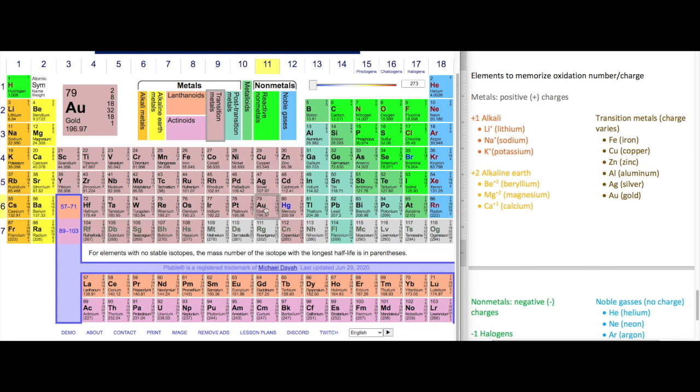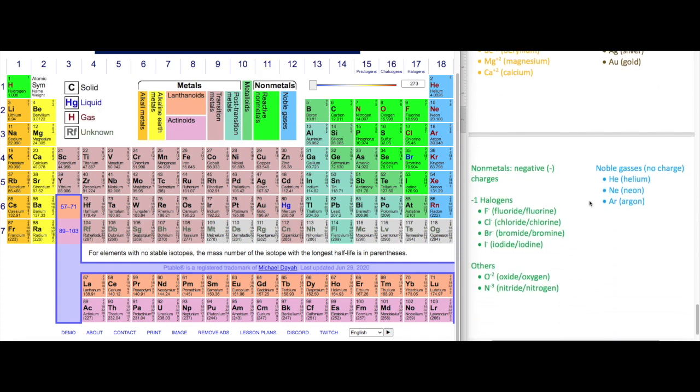I don't think you necessarily need to know their chemical symbols. Can't hurt if you know them, but definitely know if you see anything about any of these metals. And we know that iron has shown up on the HESI in the past. Just associate those with being transition metals. You do not need to worry about their charges or their oxidation states.